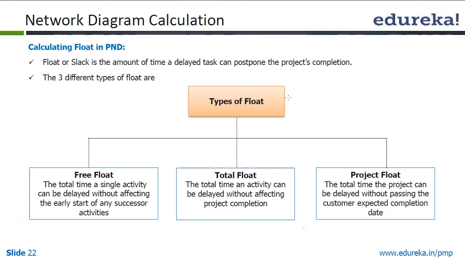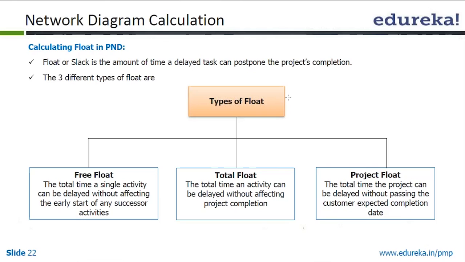First is the free float, which means the total time a single activity can be delayed without affecting the early start of the successor activity. So when there are two activities in parallel, it is the time delay between the two that can be utilized, as long as it does not affect the next activity. So that is free float.